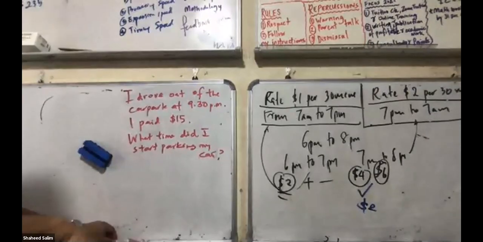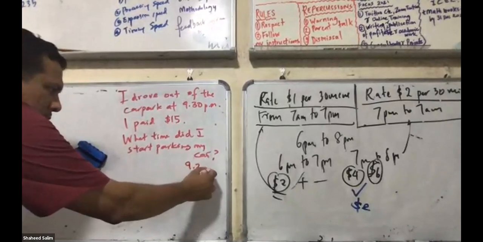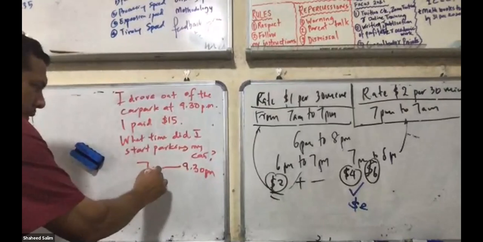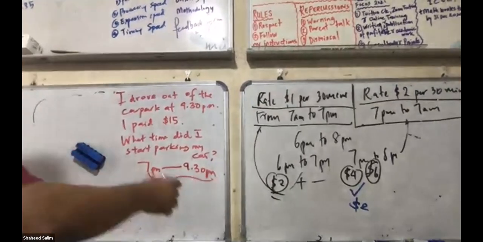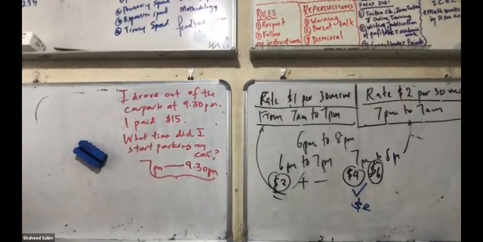You must work backwards. Okay. The new rate starts at 7 p.m. So how much must you spend here? 7 to 9:30, how much must you spend?